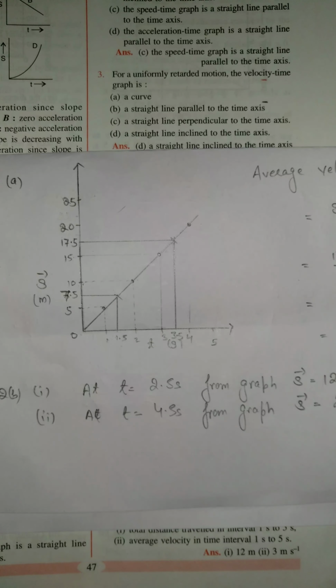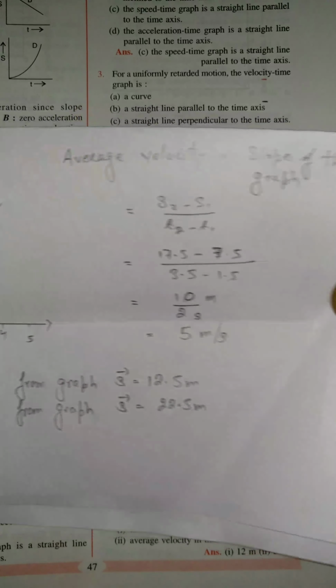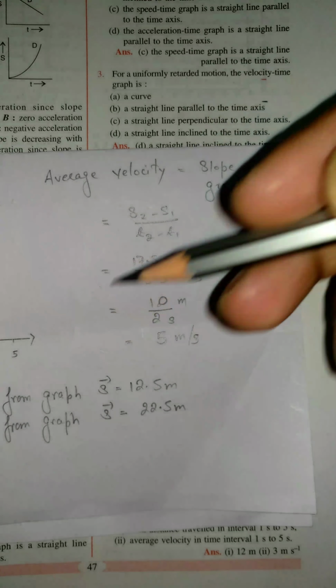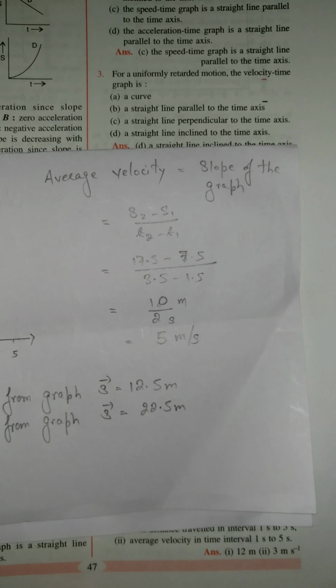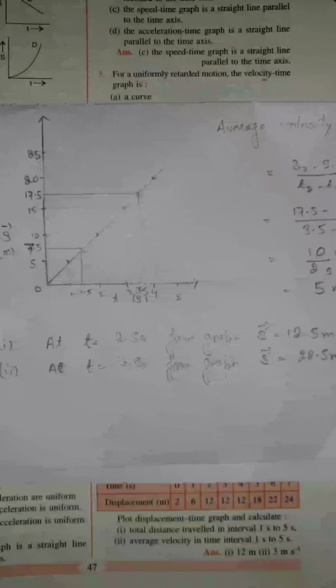From this graph, I am supposed to find the average velocity. To find the velocity from a displacement time graph, I am supposed to find the slope of the graph. I hope you know how to find the slope of the graph, because we did this while solving the simple pendulum graph. To find the slope, I have to choose 2 random points on the graph.